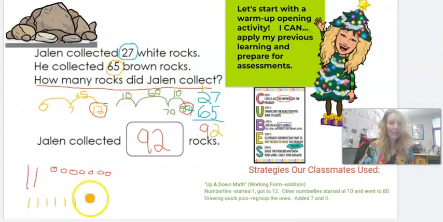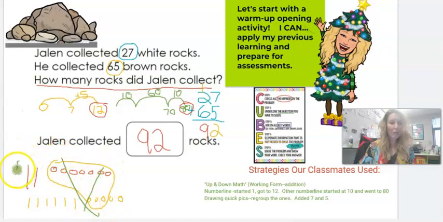How many ones? 5. 1, 2, 3, 4, 5. Step 1 is what? Add the ones. So I have 7 here. How many more do I need to make a 10? 3. So I'm going to get these 3 over here. I'm going to group them. And then I'm going to X them. Why am I Xing them out?